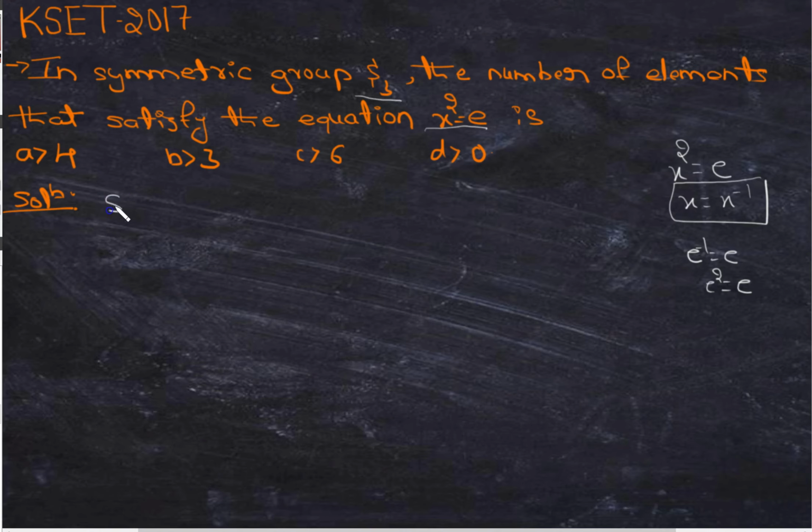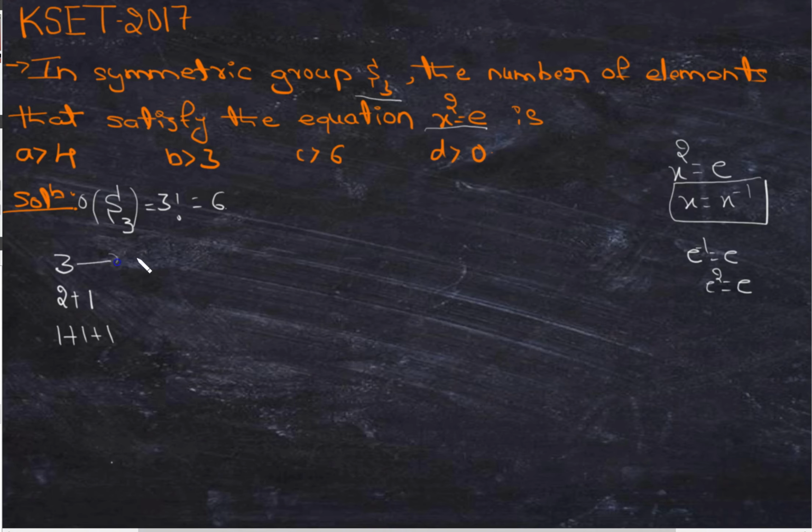The order of S3 is 3 factorial, that is 6. Now take the natural number 3 and partition it: one partition is 3, another is 2 plus 1, and one more is 1 plus 1 plus 1. These are the only possible partitions, so there are 3 partitions for S3.